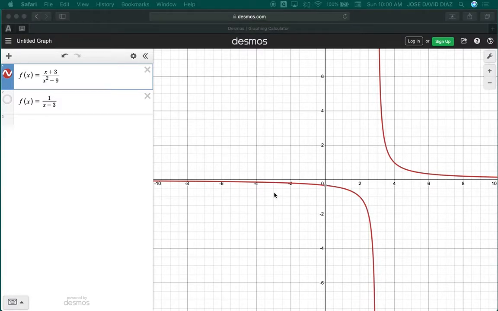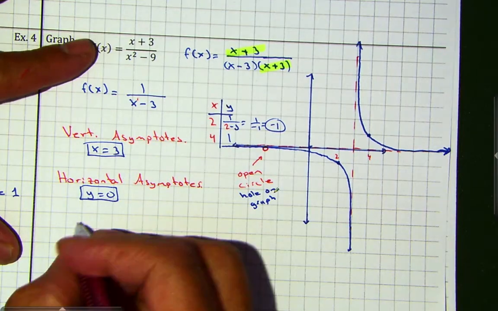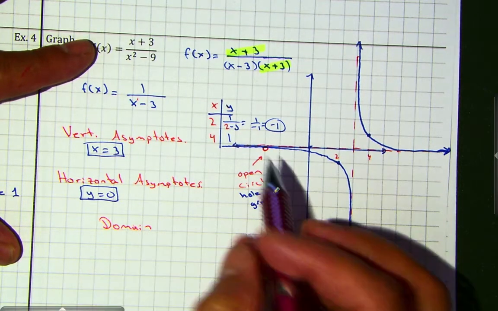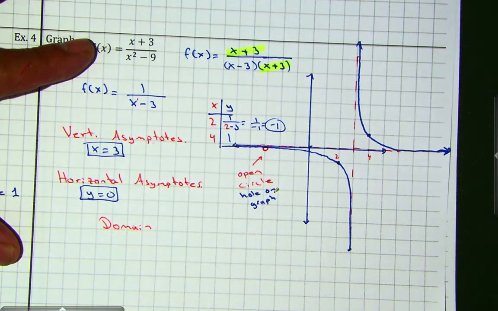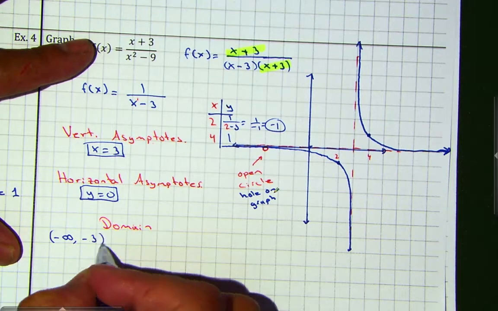So we have domain and range. Our domain will be from -infinity all the way to -3, open.